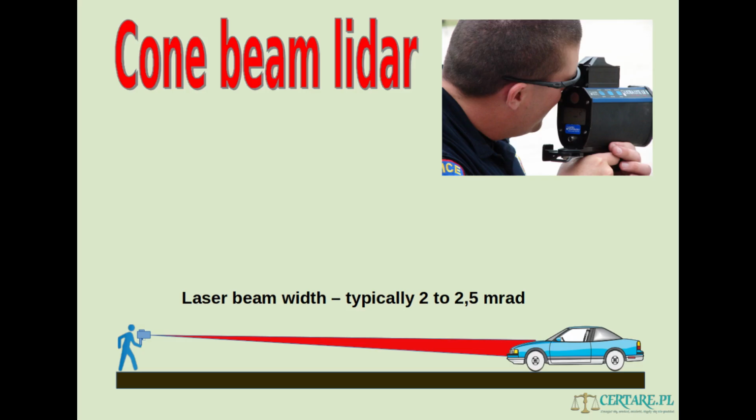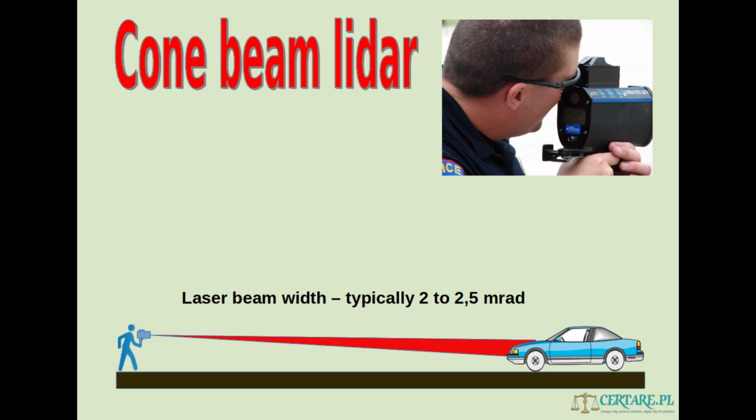In this report, however, I'll concentrate on the cone beam LiDAR, or the LiDAR that is most commonly used by police today. So the most important issue to explain is the reason why that laser beam is widened to 2 or 2.5 milliradians. What advantages it gives and what problems it creates.